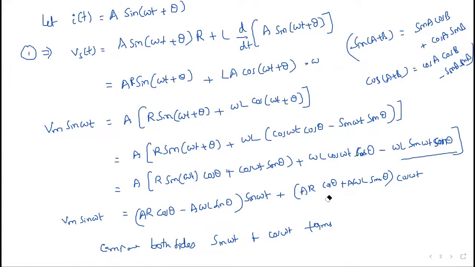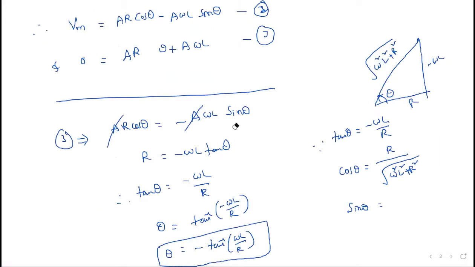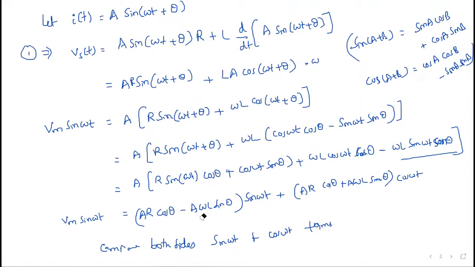See, here cos, here sin. This side. This is AR cos theta minus sin theta. Correct only. We'll go. See here, till this point is correct. Till this step is correct. This step, AR sin omega t, we have sin omega t common.